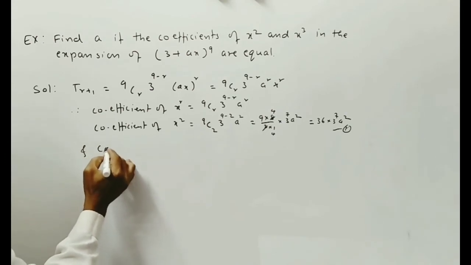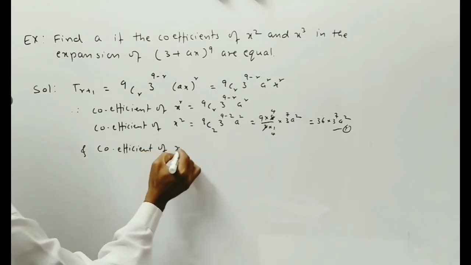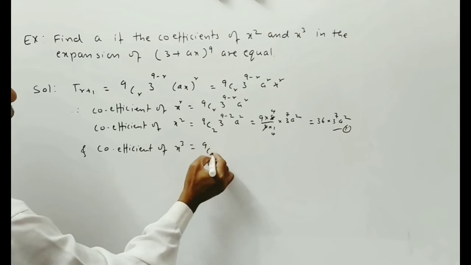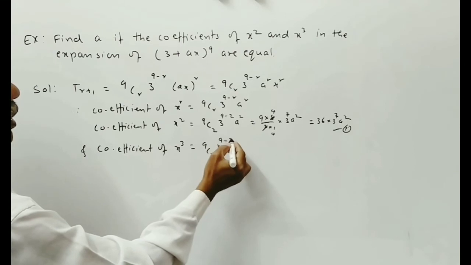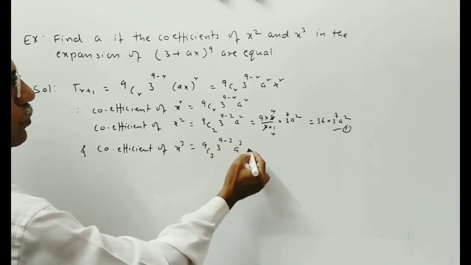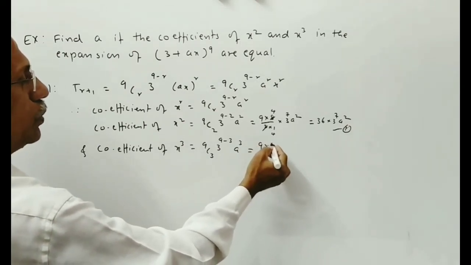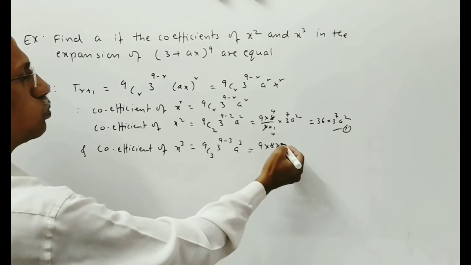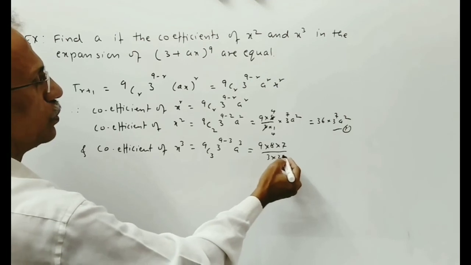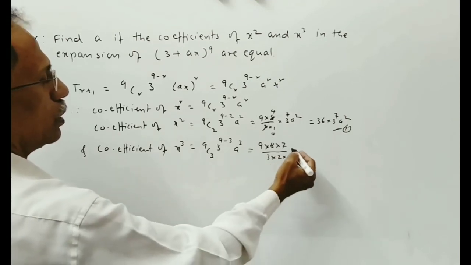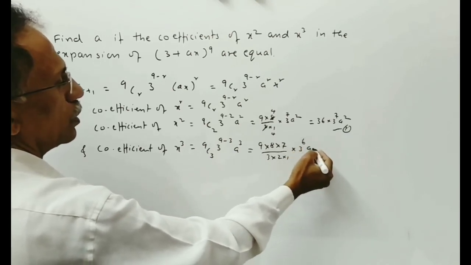And the coefficient of x cube is equal to 9C3 into 3 raised to the power 9 minus 3 into a cube, which is equal to 9 into 8 into 7 divided by 3 into 2 into 1, into 3 raised to the power 6, a cube.